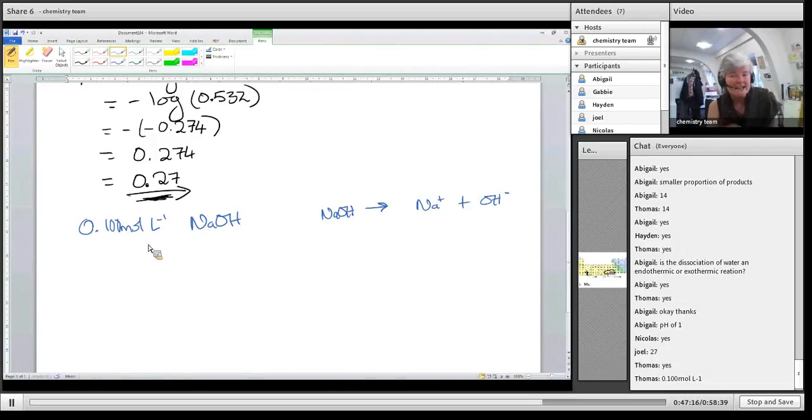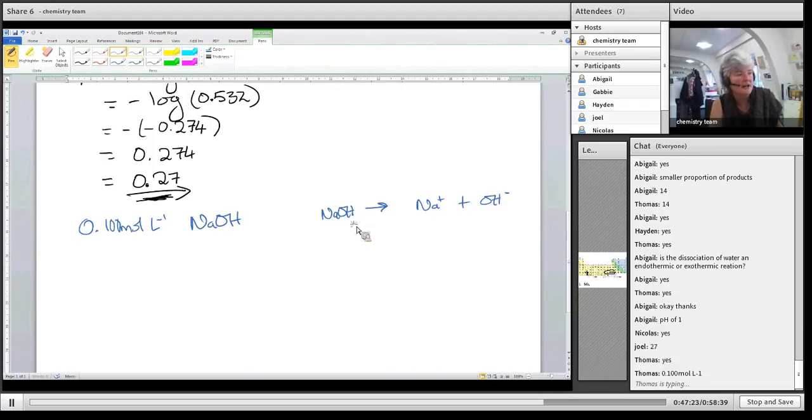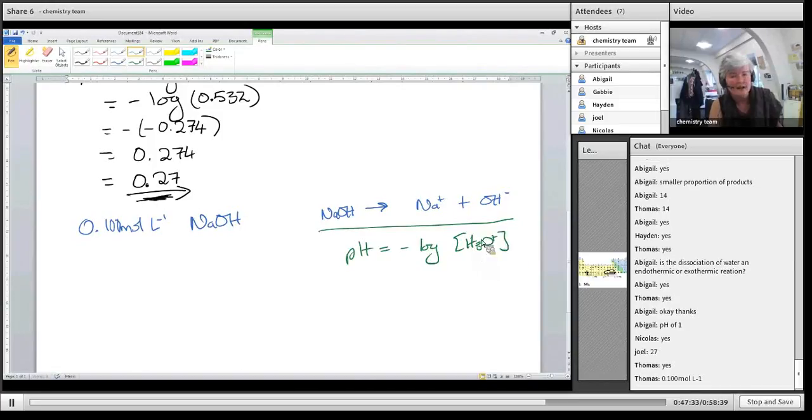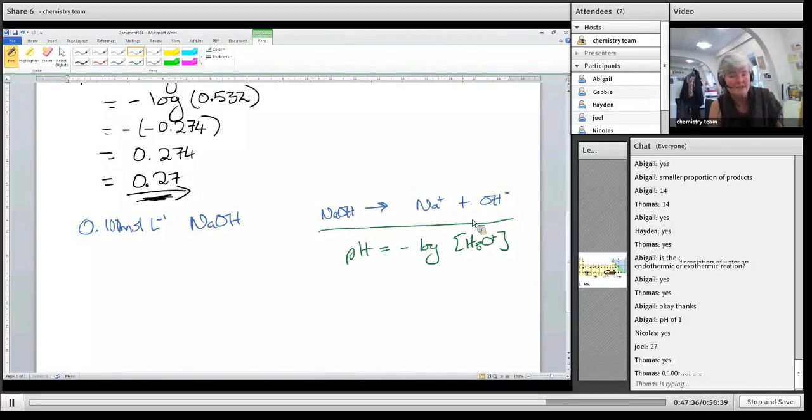Okay, that's not the hydronium ion. Can you see I've got no hydronium ion in my equation. So if I do the pH is equal to negative log of H3O plus, I don't have H3O plus there.